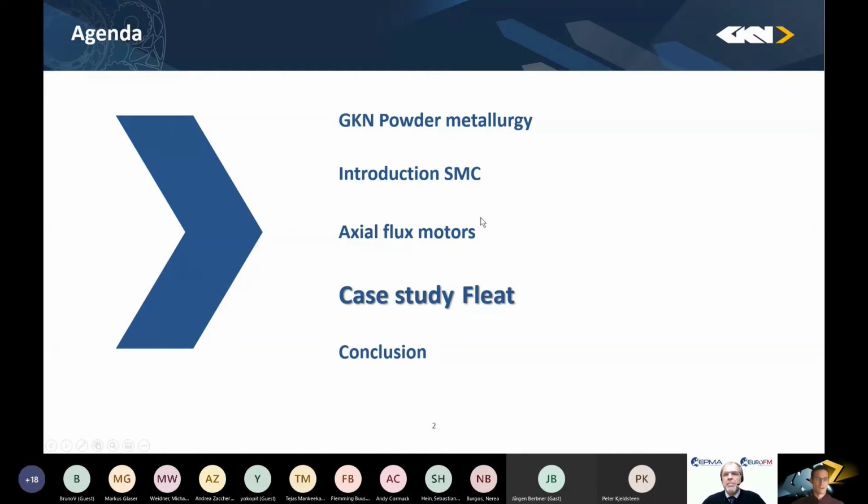Then I will talk about the axial flux motors, especially as it's a key element for our key topic. So the case study fleet, which is a very interesting development made by GKN with some of our customers. And finally I have a conclusion summing up what I have shown you.